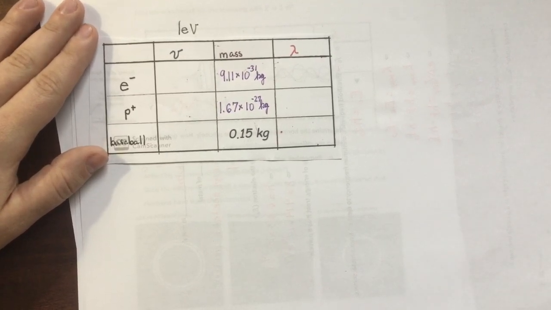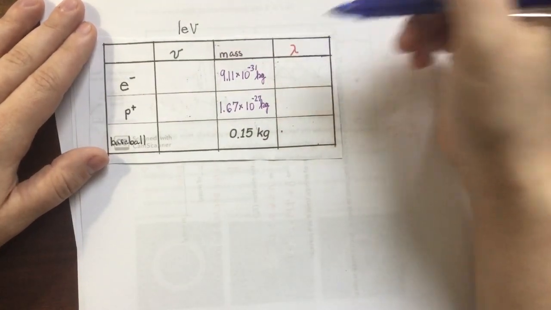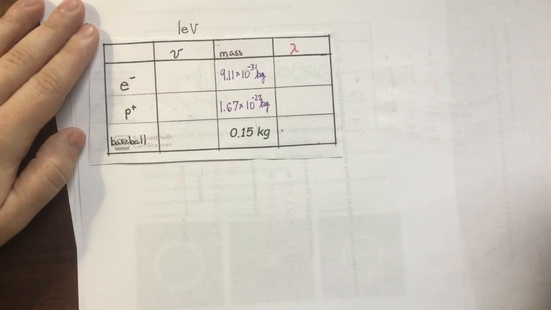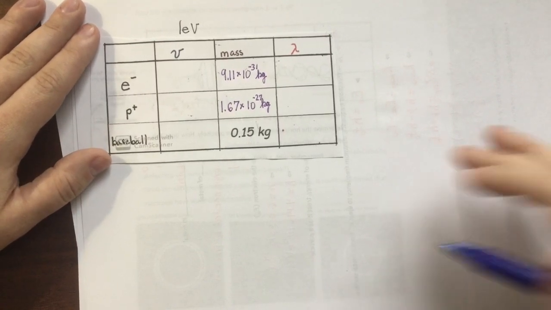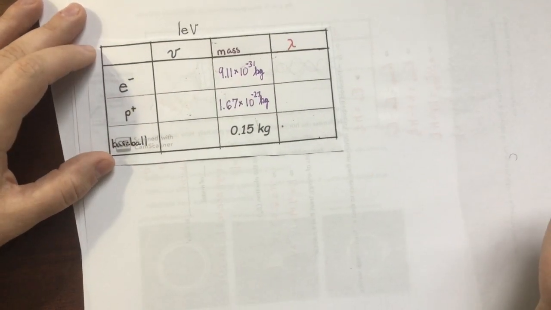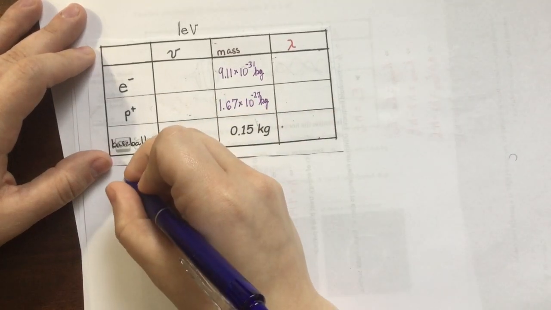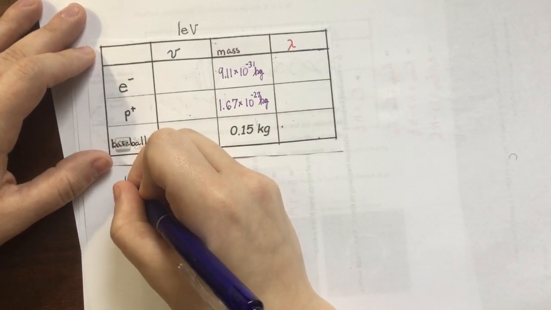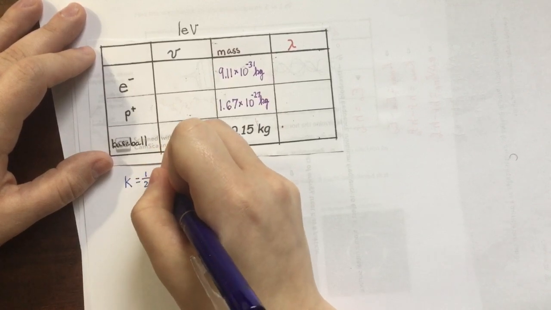We want to find velocity and wavelength. To find velocity, we're going to want to use the energy value. For velocity, we're going to be using K equals 1/2 mv squared.